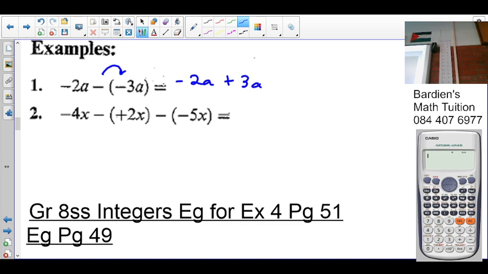Sorry about this. Should be a bit better now. So what is negative 2 plus 3? Negative 2 plus 3 is 1. So negative 2a plus 3a is 1a.